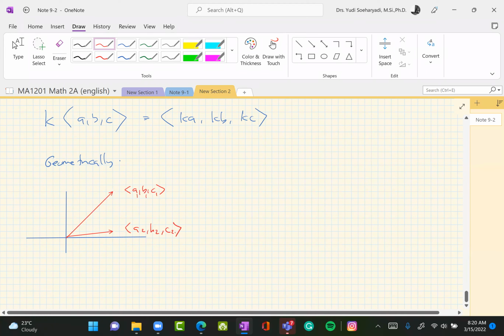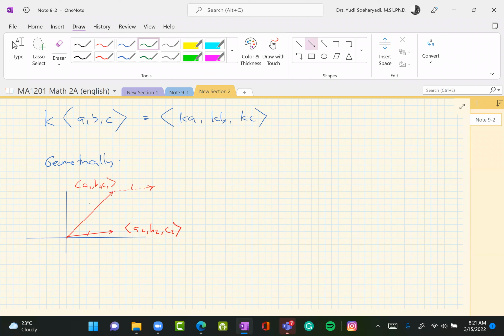So addition of vectors is like, let's copy this one here. So you get this is the same as this one. Then the sum is this one here. This is the sum.